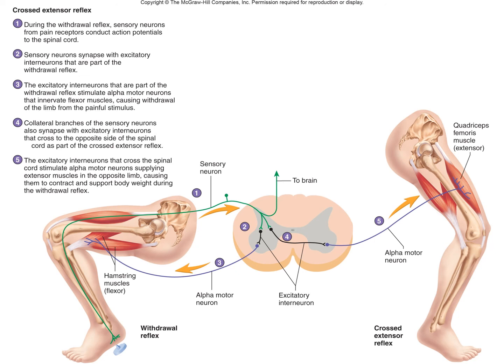A second branch crosses over to the other side of the spinal cord and makes a connection to muscles on the opposite leg that will extend that leg. So if you're walking along and step on something, if you pull your right leg away from the stimulus, you're going to have to extend your left leg to support your weight. That's all reflexive. That's called a crossed extensor reflex.